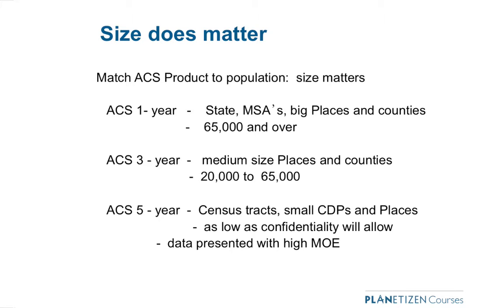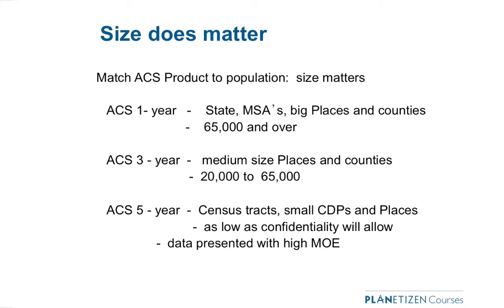Confidentiality meaning the Census Bureau will not publish data if it could lead to the identification of a real person. There'll just be asterisks in there. So when you get down this low, sometimes data is what's called suppressed for privacy.